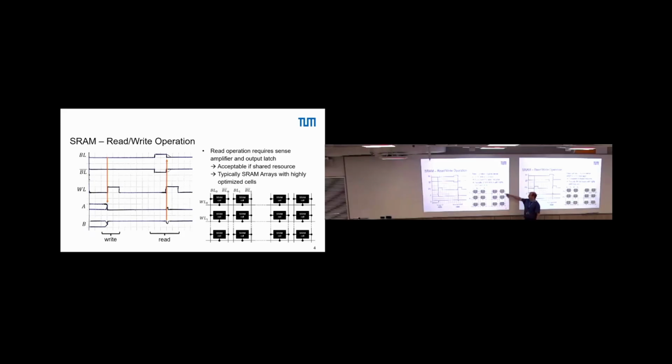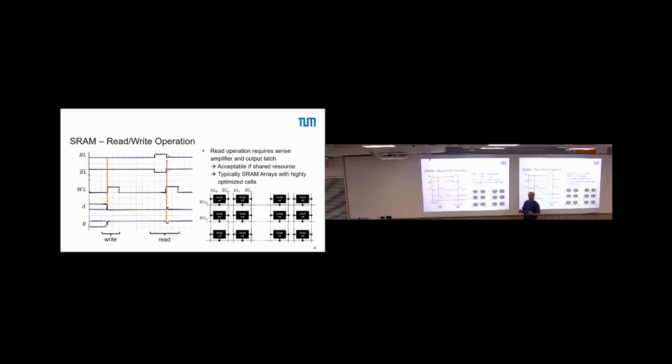Binary form would not directly select a specific word line, so you need some form of decoding. So if we want to build an SRAM array, we need not only the SRAM cells, which are themselves tiny, but we need on top some sense amplifier, we need a register, we need a control logic. And all of this adds to the area.